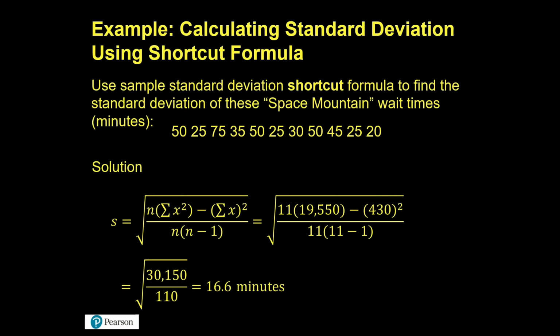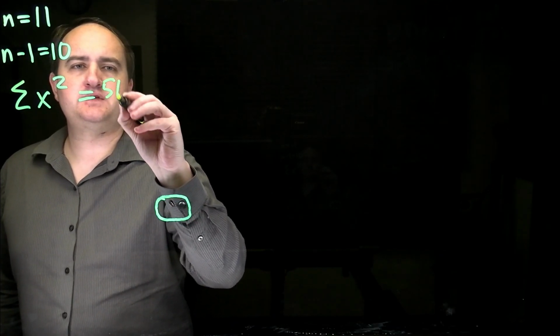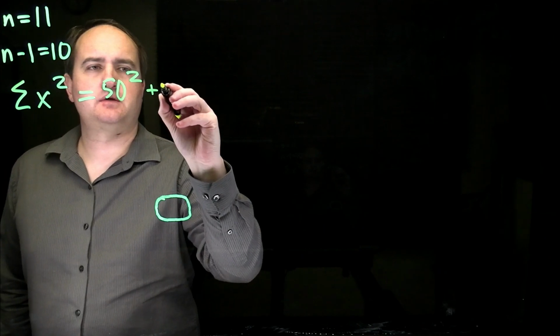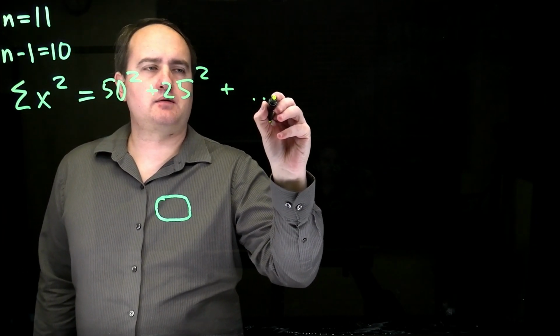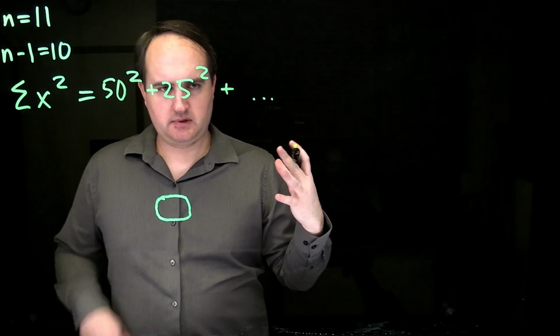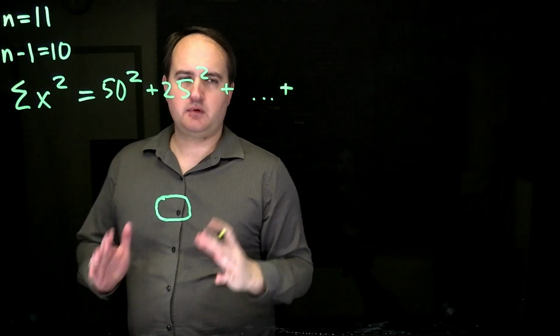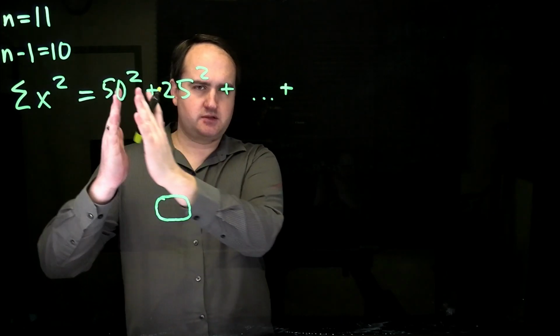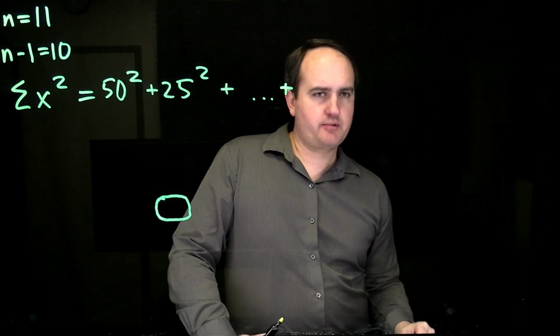The next one's going to be plus 25 squared, and so forth. Okay, so we're going to have 50 squared plus 25 squared plus etc. I'm going to put dots because this board isn't that big, just to show you that we're continuing this process.